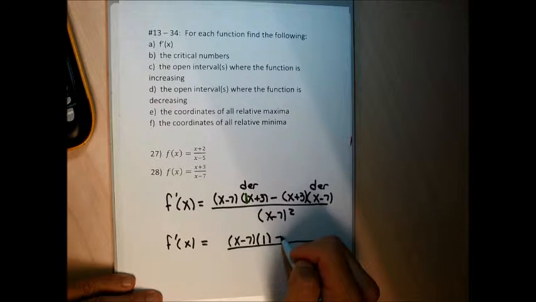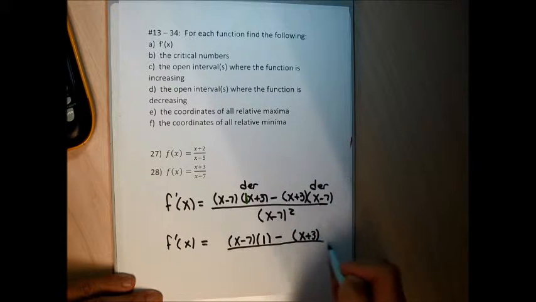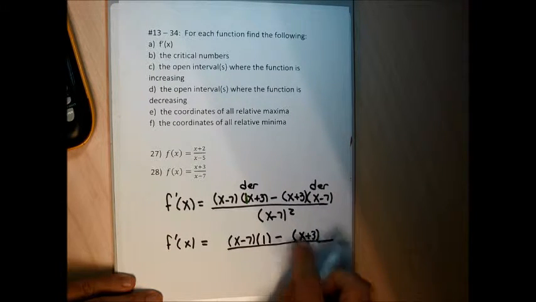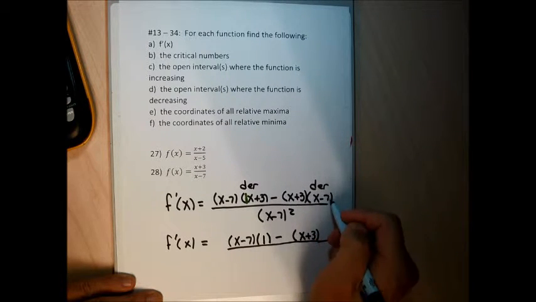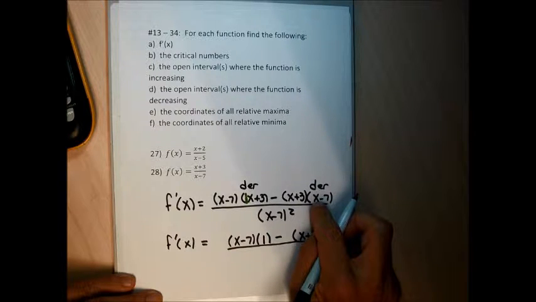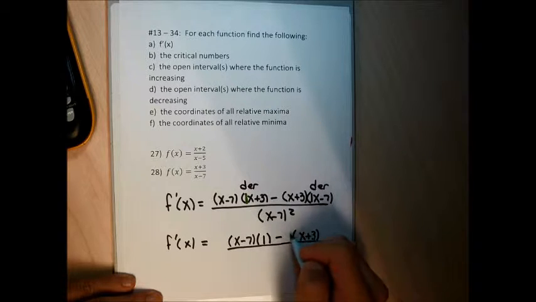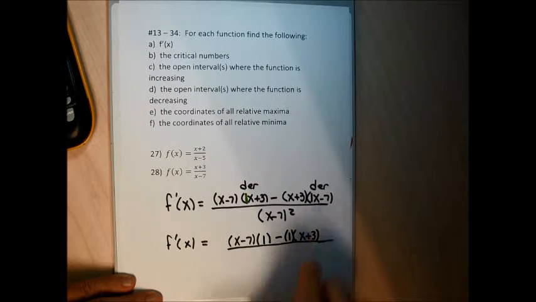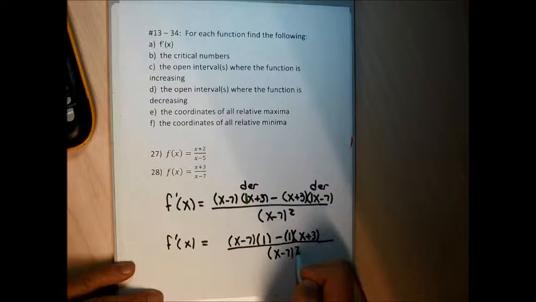I bring my minus sign down, I bring the x plus 3 down, and I think before it as opposed to after it, I'm going to write the derivative of x minus 7. The derivative of the minus 7 is 0 because it's a constant. The x is the first power term, so its derivative is its coefficient, and its coefficient is 1. So to the left of that parentheses, I'm going to write a 1, which is the derivative of 1x minus 7. The denominator is still x minus 7 squared.